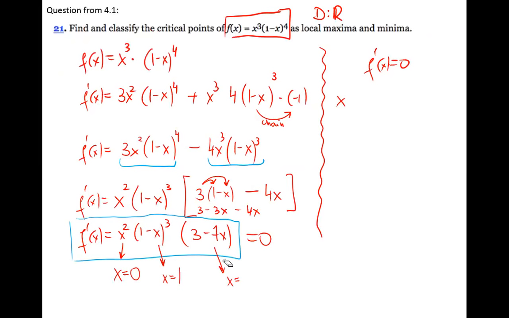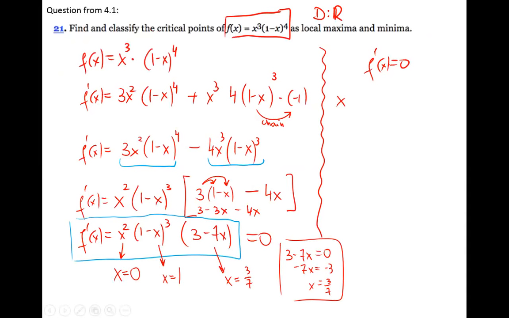And this one? What do I have to substitute instead of x? Actually, 3 minus 7x must be 0. We can subtract 3, and we can divide by -7. 3 over 7. Okay, that's just the solution of the linear equation. So we do have 3 critical points. And what do you think?